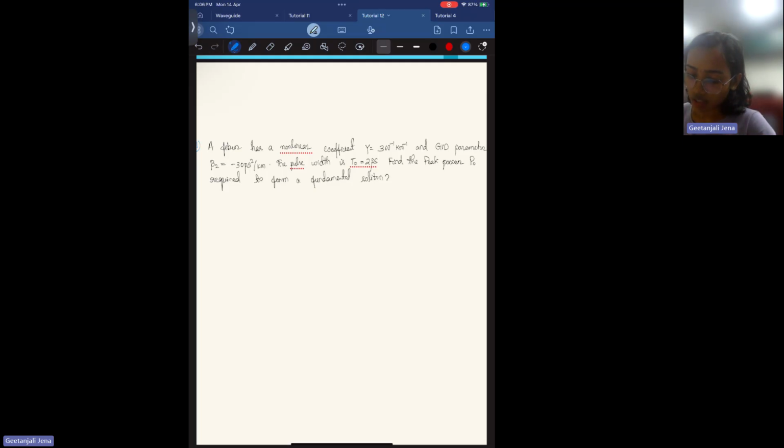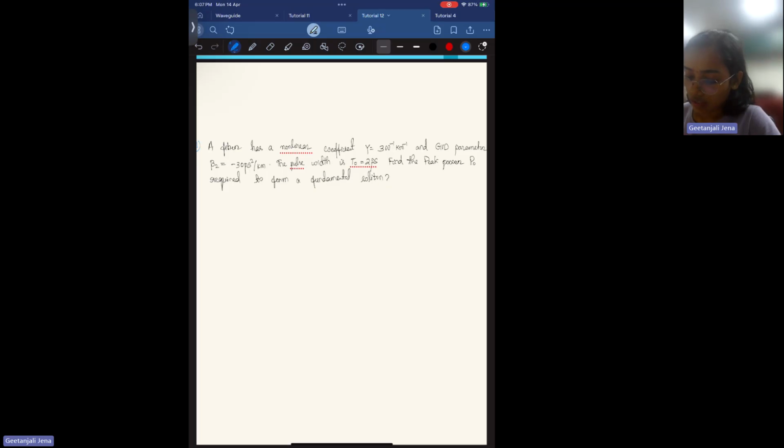Based on the parameter N, which is the soliton order. If you recall, there was a parameter defined in the class, which is the ratio of the dispersion length to the nonlinear length. It defines the type of soliton that will be propagating in the fiber.